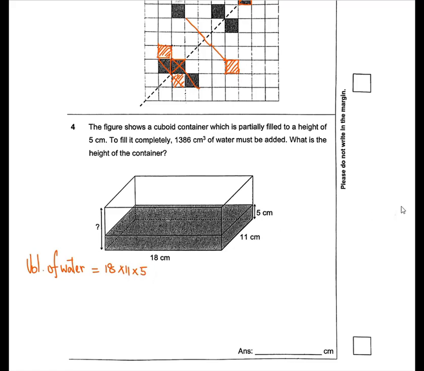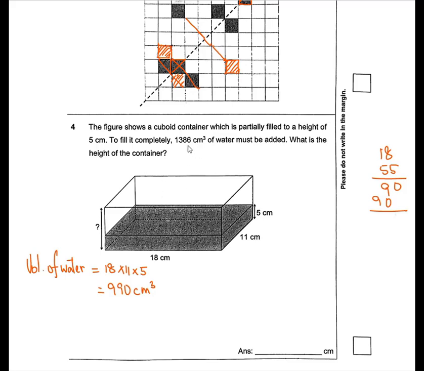So 5 times 11 is 55, and 18 times 55 is 990 cm cube. Now, to this, you're going to add 1386 cm cube to make it whole.